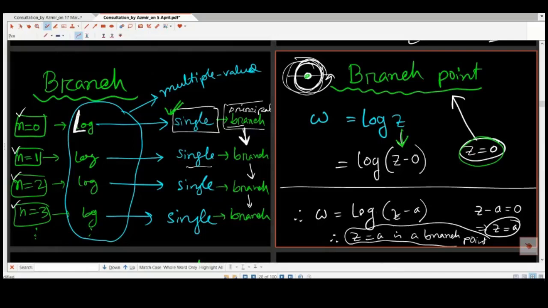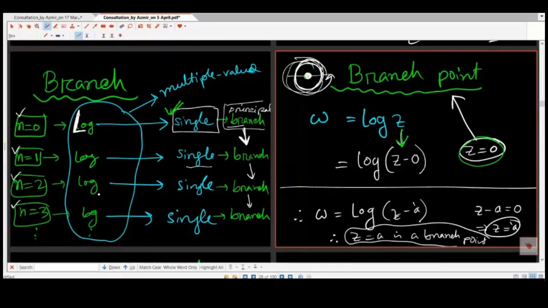Let's say we have log of z minus 1. So z equals 1 will be the branch point. So branch point means if we rotate along a circle where the branch point is the center, we will get different branches with every rotation.